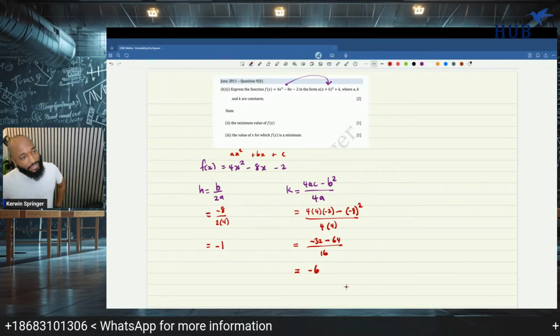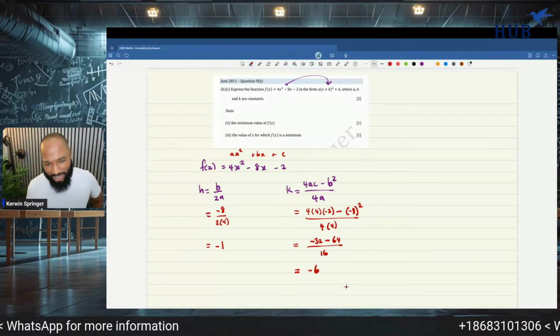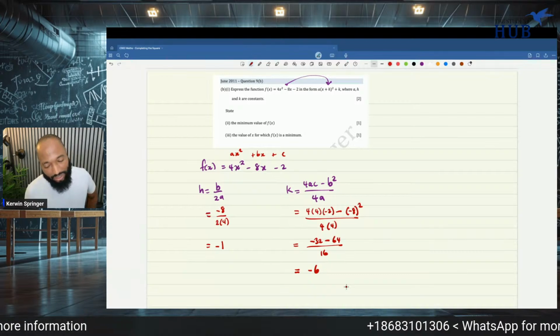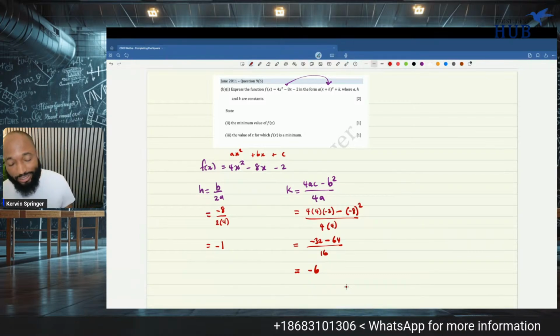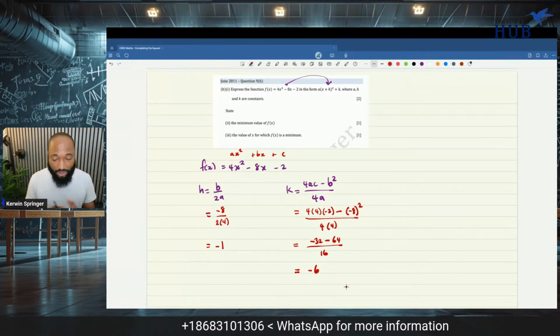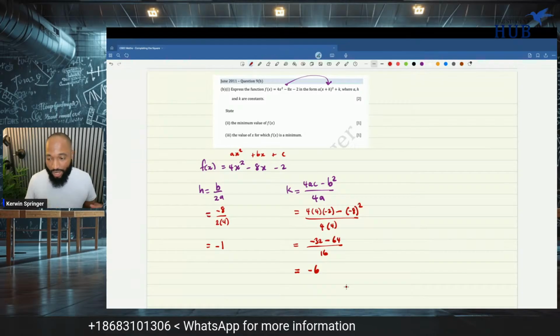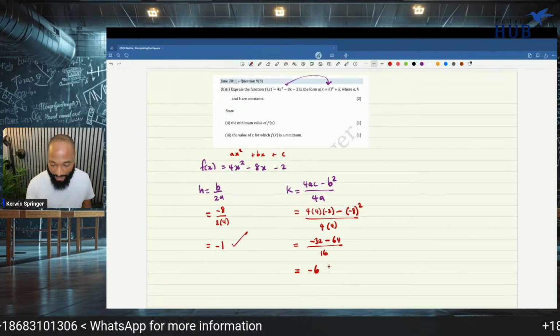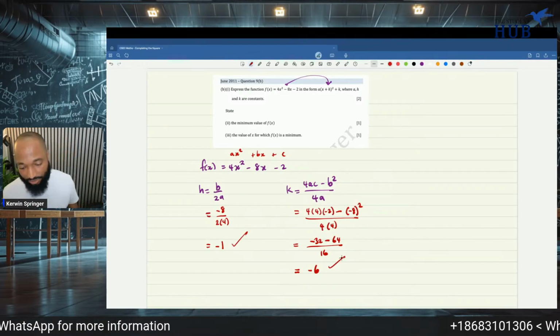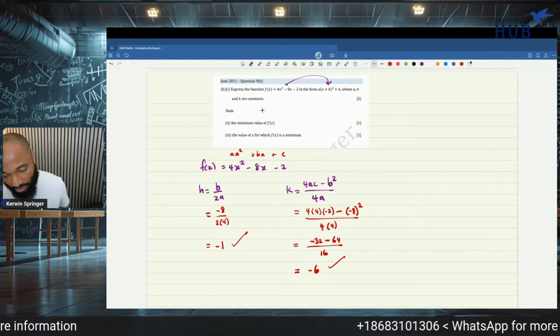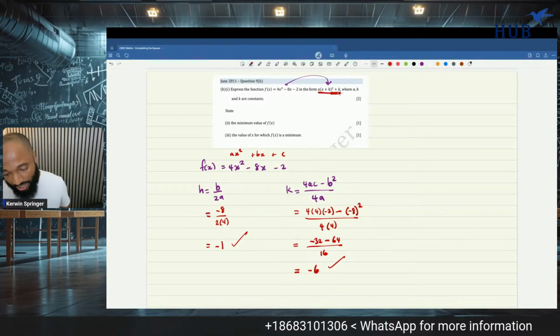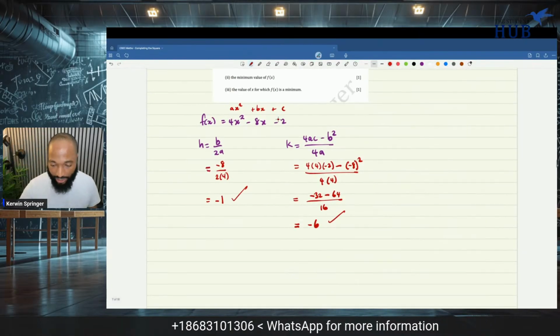So we went from SEA TikTok, which we were doing yesterday, to one of the toughest things that you can do in CSEC maths, right? Completing the square. And now that I've figured out the value of h and k, I'm basically done. I can write it over in this form that they're suggesting here, a(x plus h).